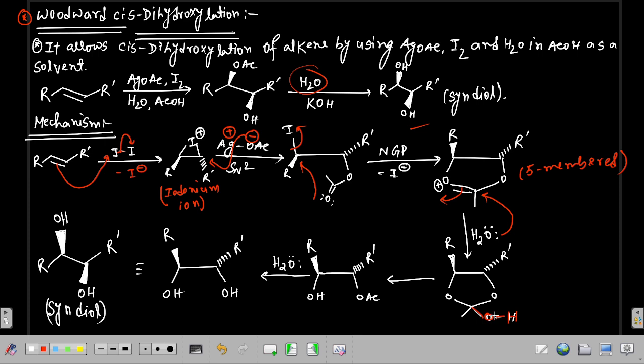So this bond will break, and this bond will break, so it will form OH, and here the acetate. Acetate is present like this. So in presence of H2O, this bond will break and it will form an OH. So at the end it forms a syn-diol.